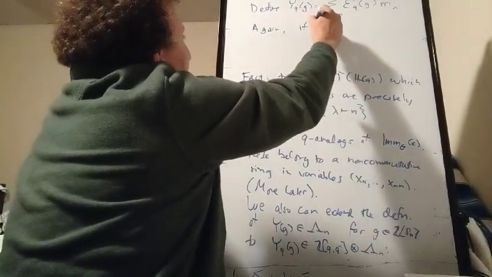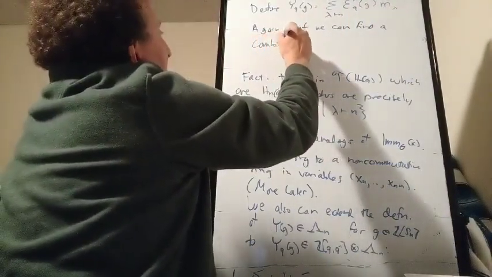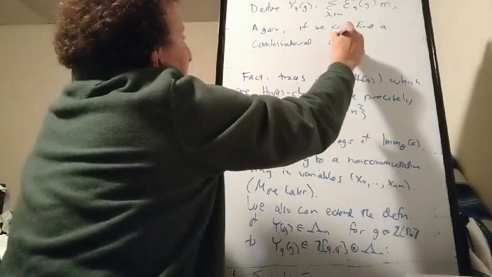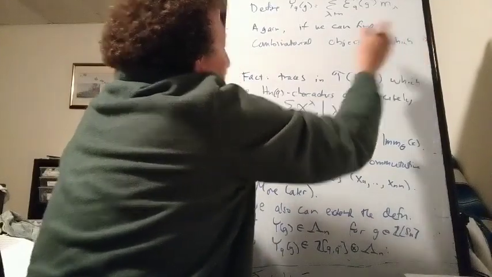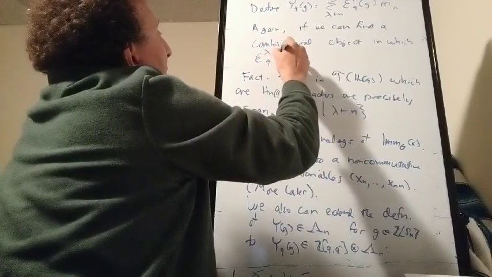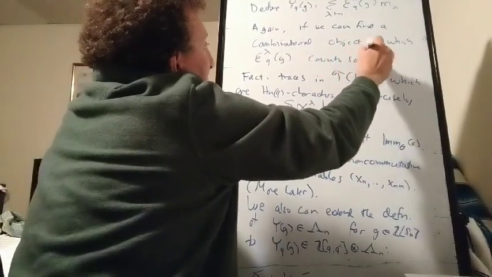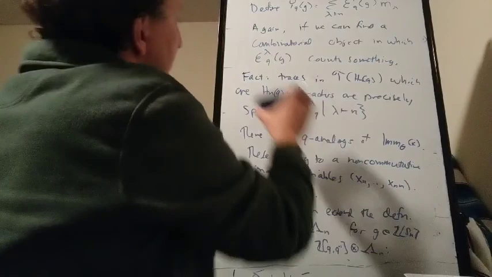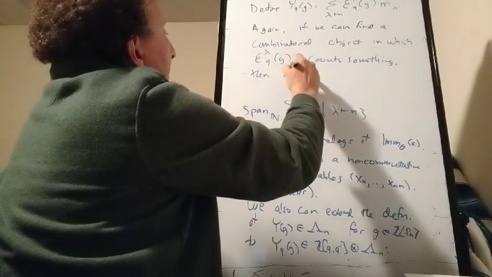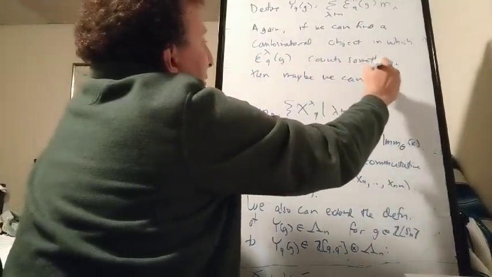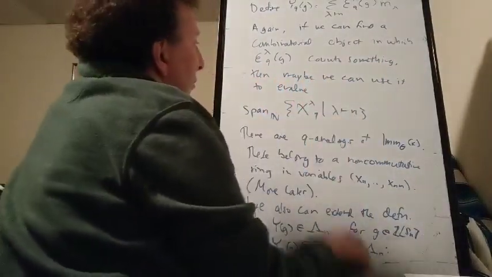And again, if we can find a combinatorial object in which this evaluation counts something, then maybe we can use it to perform other evaluations as well.